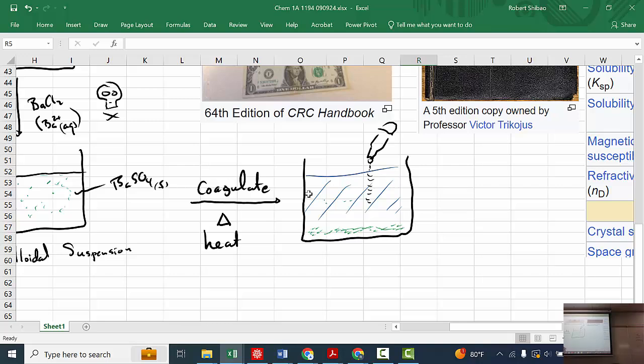But once we're done with this, I might try to coagulate it one more time, and then cool it, and then put it in the drawer. I know it says to heat it for 1 hour, but you don't have to heat it for 1 hour. We just get it to boiling, and then we're going to leave it in our drawers overnight.